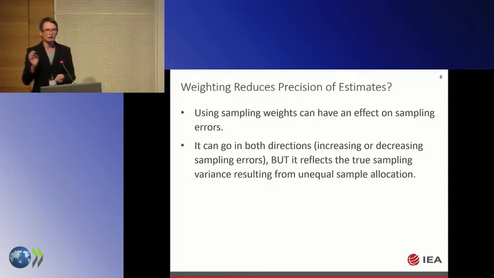Just for those that are not so familiar with the sampling theory, right? The standard error is made of two components in our large-scale assessments. At least we assume that it's just those two. There are probably more error sources. But there's the sampling error and the measurement error. And the whole morning we were talking about the measurement error.